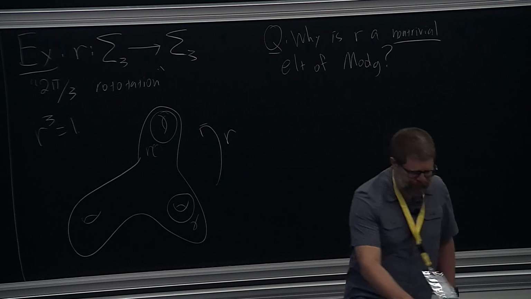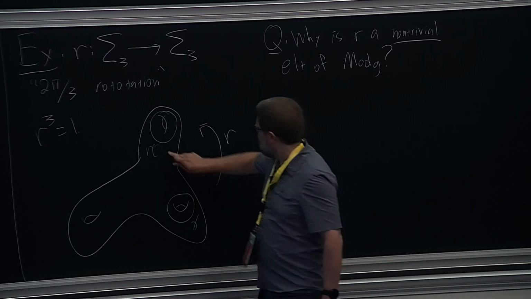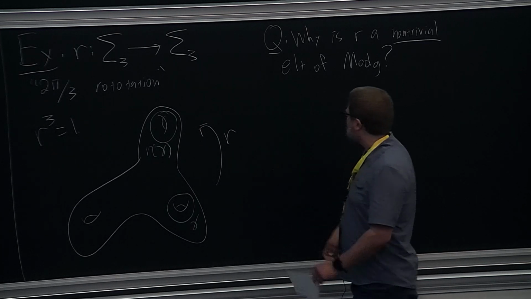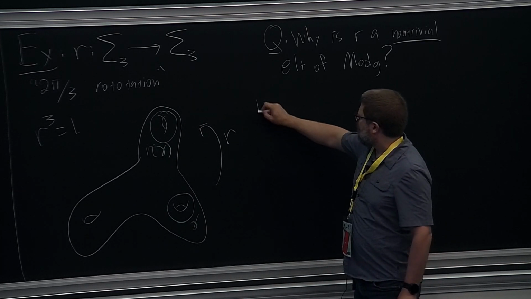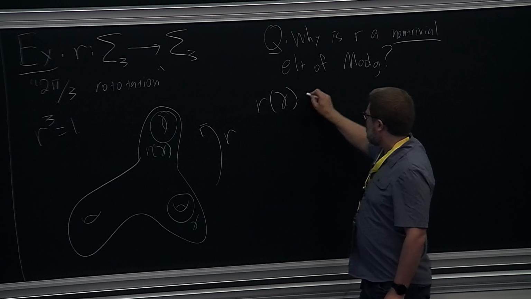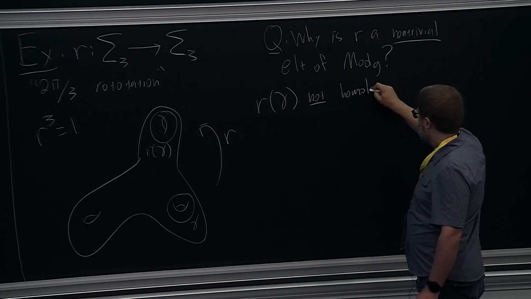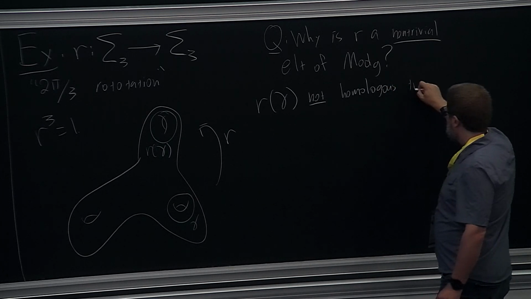R of gamma is that curve right there. And we observe that R of gamma is not homologous to gamma.